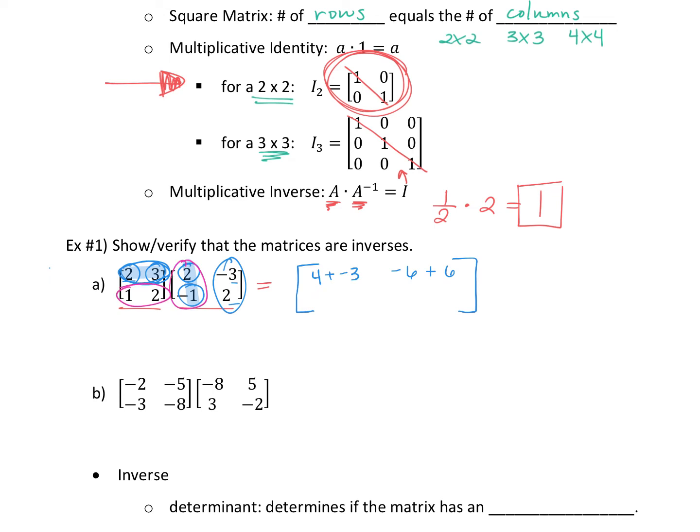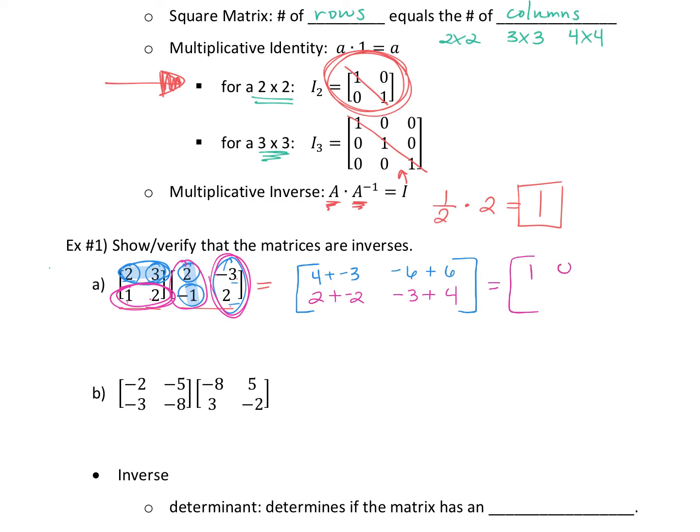Second row, first column is 1 times 2 plus 2 times negative 1. And then second column is negative 3 plus 4. Okay, simplify that. 4 plus negative 3 is 1.